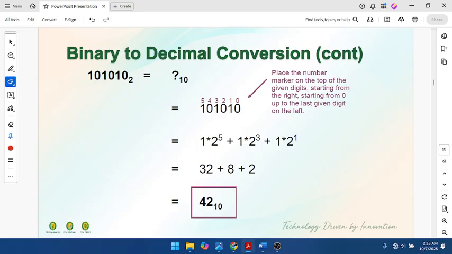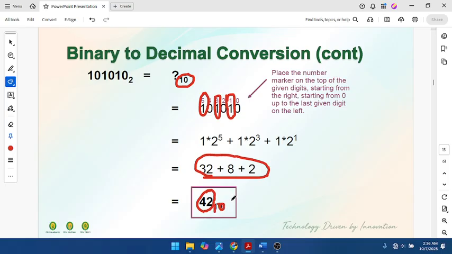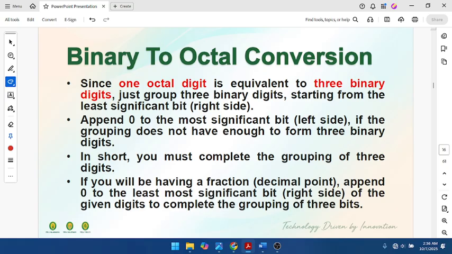So we compute: base 2 raised to the power of each. 1 times 2 to the 5, then 1 times 2 to the 3, and 1 times 2 to the 1. So it gives us 42. The total is 42. And don't forget that since this is already decimal, you put the base, or radix, 10. Okay, so it's clear now.